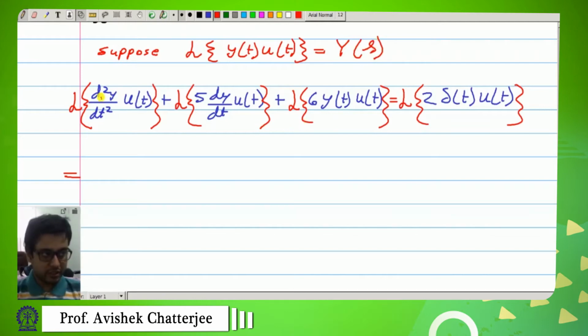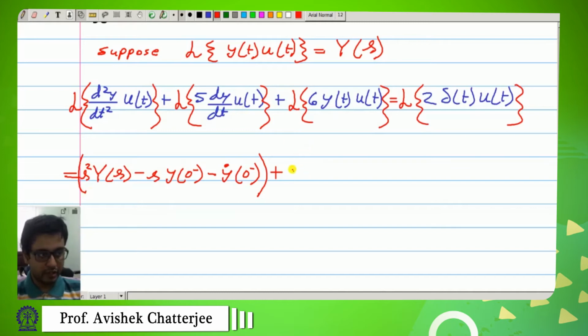So this one-sided Laplace transform of the second derivative, we know it will be capital Y s multiplied with s square minus s value of y signal at 0 minus minus y dot or dy dt at 0 minus.